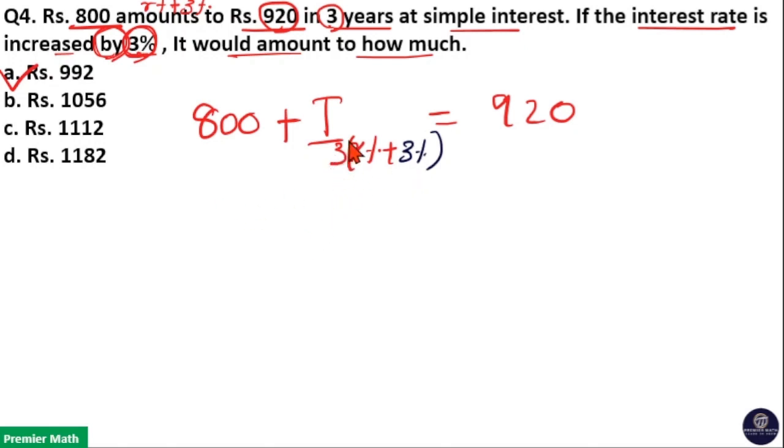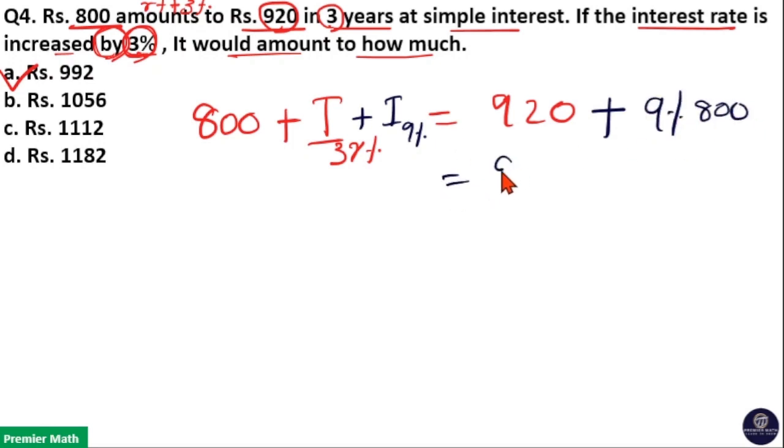That means we need to add extra interest for this 3% for 3 years. That is, I will add extra interest for 9%, which is equal to 920 plus interest for 9%, and interest for 9% is 9% of 800. So, which is equal to 920 plus 72, 992. So, option A is your answer.